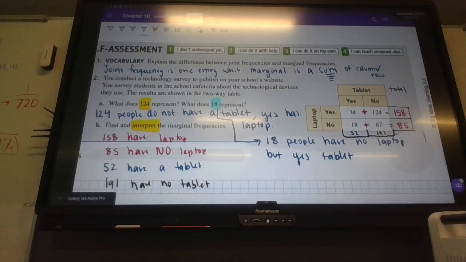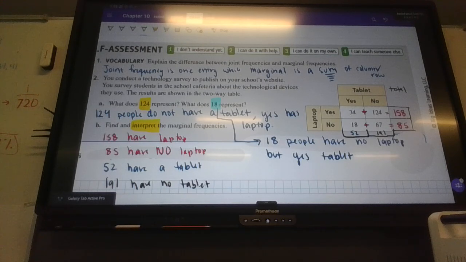Check the both of them and see if they add up. Like 52 and 191, 243. 158 and 85, 243. You hear that?